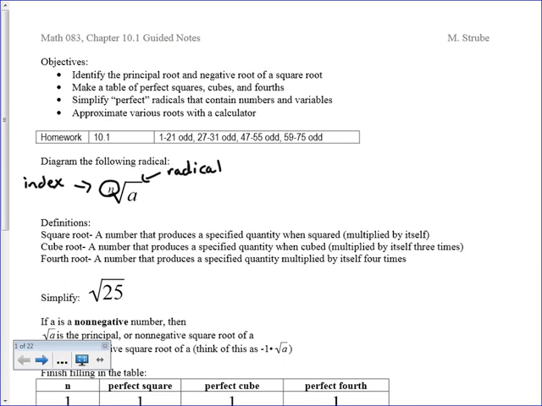You're going to hear me referring to index a lot. Index. And then the value underneath is our radicand. So that's going to be some of our new language for Unit 3. We're looking at radicals. We're going to be concerned with their index and their radicand.